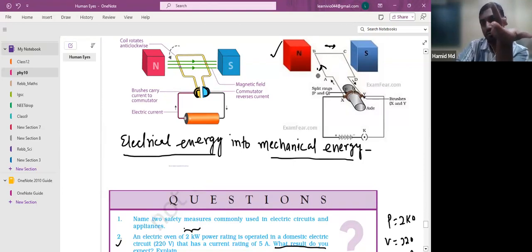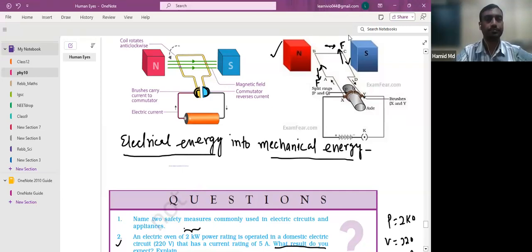So the force will be in the downward direction. In the same way, on the side AB, the current was from A to B. For the side CD, the current is from C to D. So the direction of current is changed. So the direction of force will be changed, right?